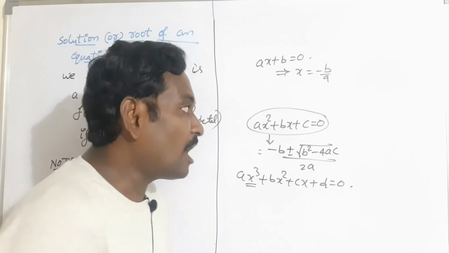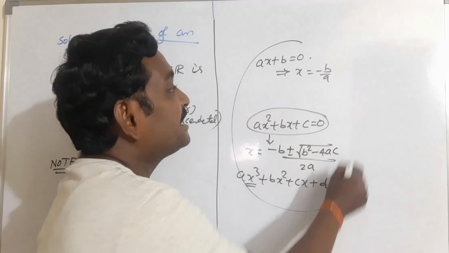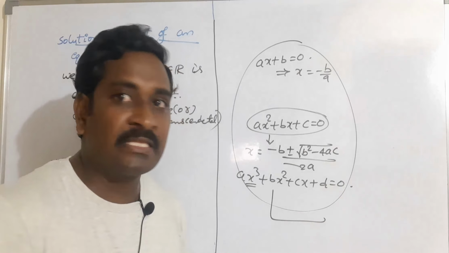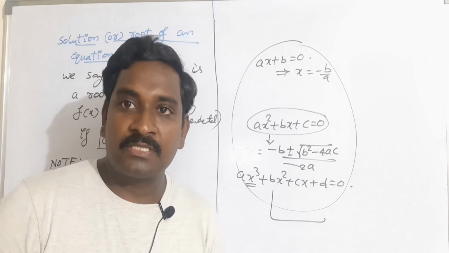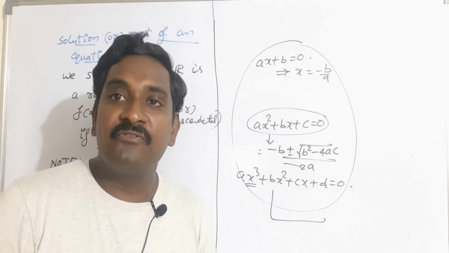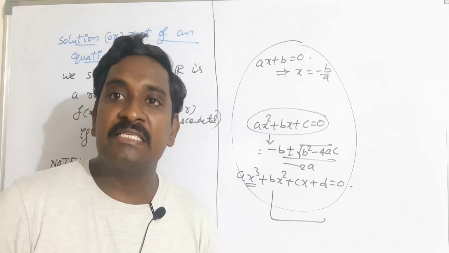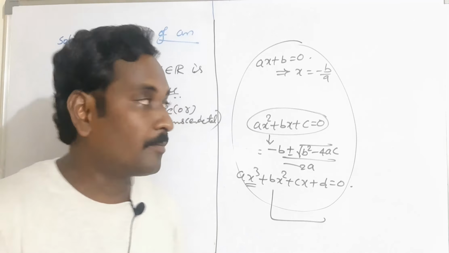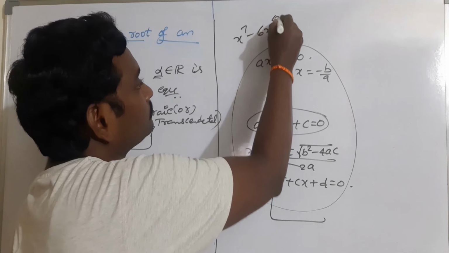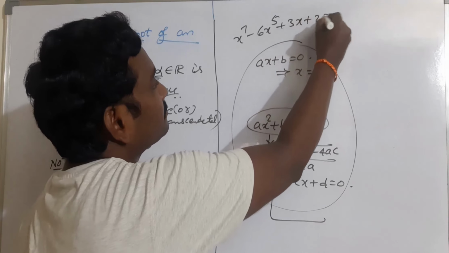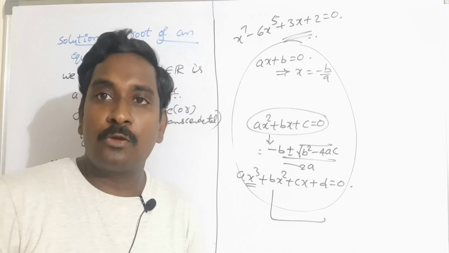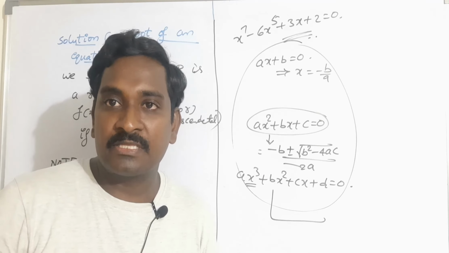These methods are known as analytic methods. This formula and the synthetic division method are known as analytic methods. But the analytic method is very difficult if the given algebraic equation is a higher degree equation. Suppose a 7th degree equation is provided to you. Then it is very difficult to find the roots by using the synthetic division method.